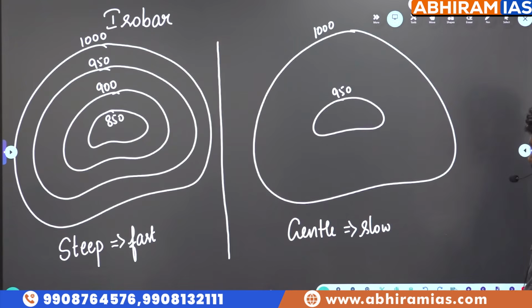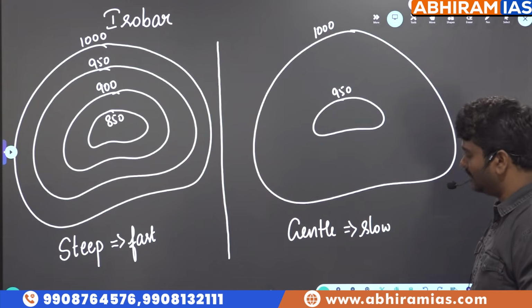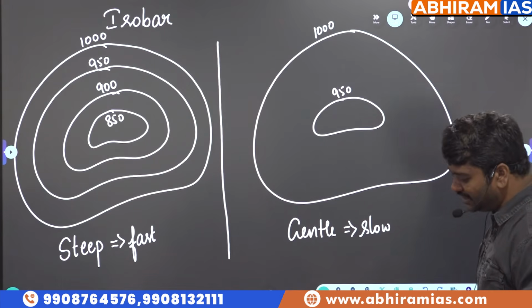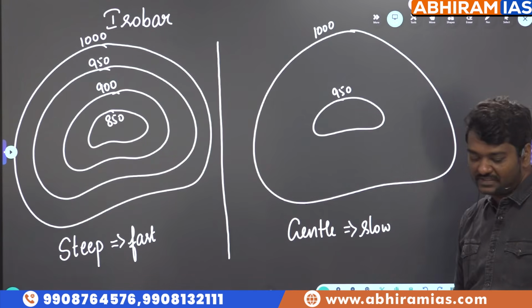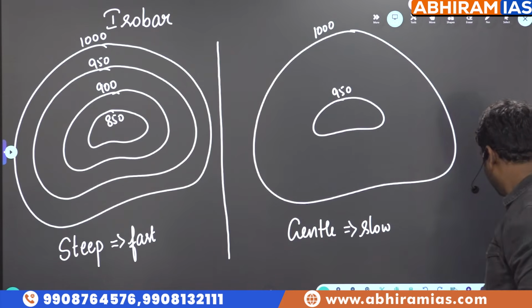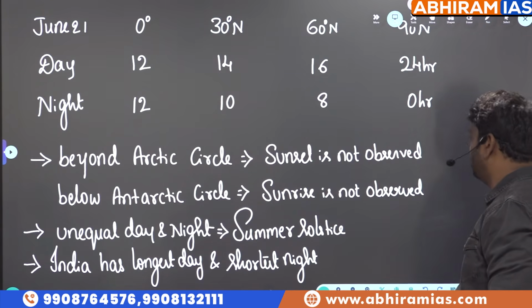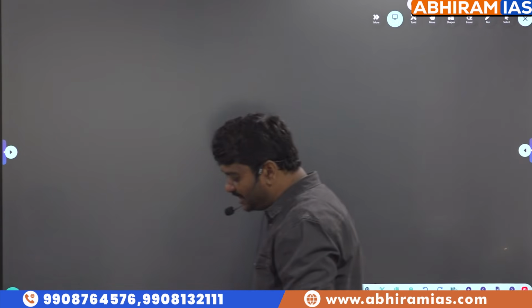Next, when isobars are distantly arranged, it indicates a gentle slope and wind speed is less.